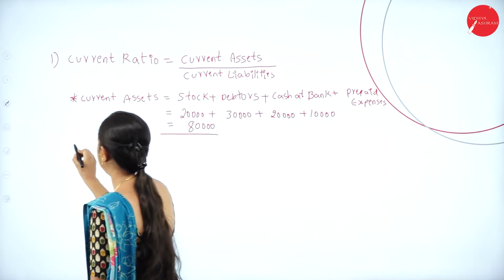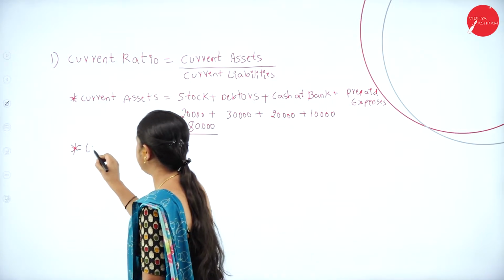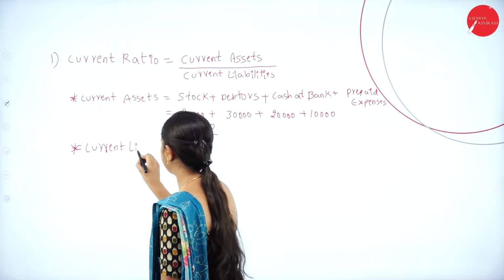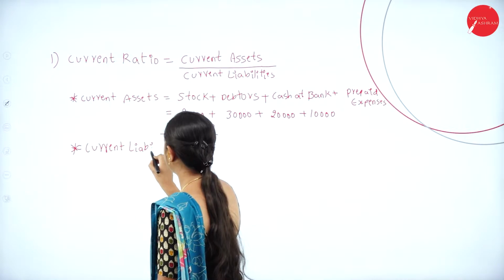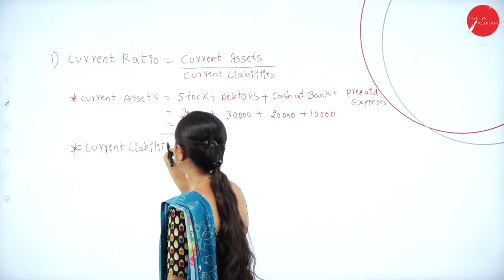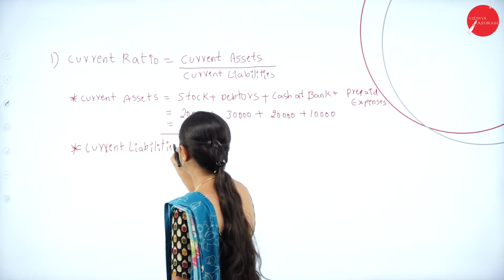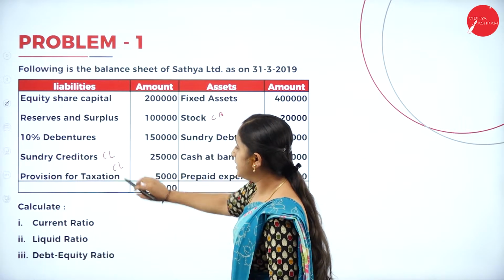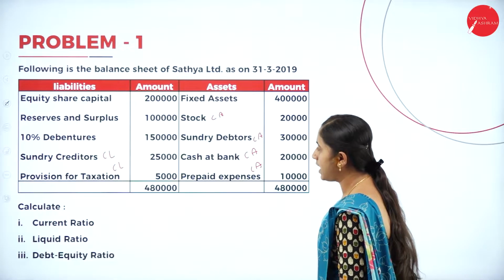Next, calculate current liability. Current liabilities is equal to creditors plus provision for taxation.